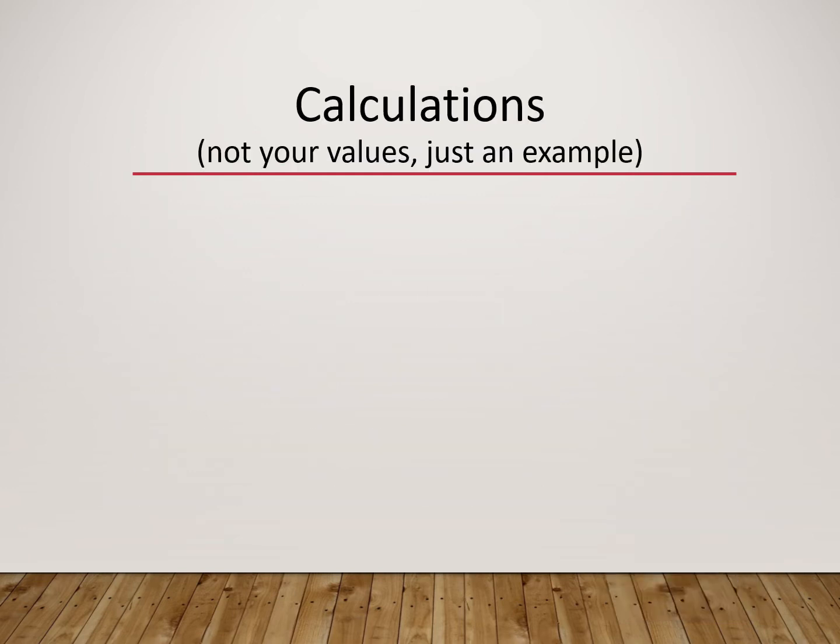So our calculations, there are a lot of steps, so be sure to go through this PowerPoint again when you're doing your calculations for the report sheet. And just to preface, these are not your values. This is just an example, so do not use these values when you're calculating your answers.